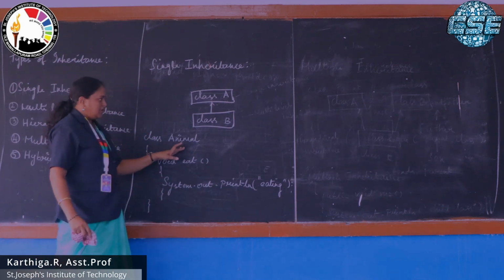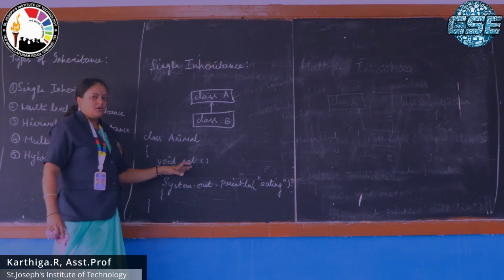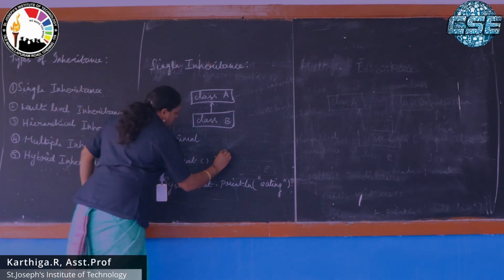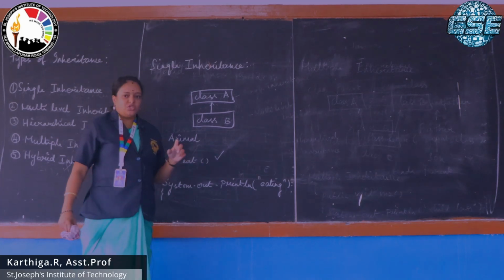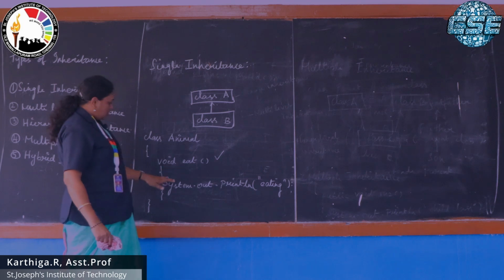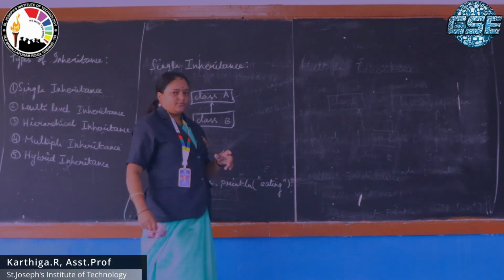Here class animal, it is the parent class. Okay, it has the method of void eat. So here in inheritance, the method will be by default declared as public. Okay, so it has the statement of eating as the output statement.